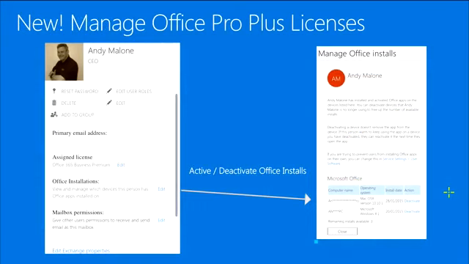For example, I've got a little demo account here. On the left-hand side, I've gone into my user administration portal, and there is a new option to manage software. This is kind of cool because on the right-hand side, it shows me all the installations of Office Pro Plus.